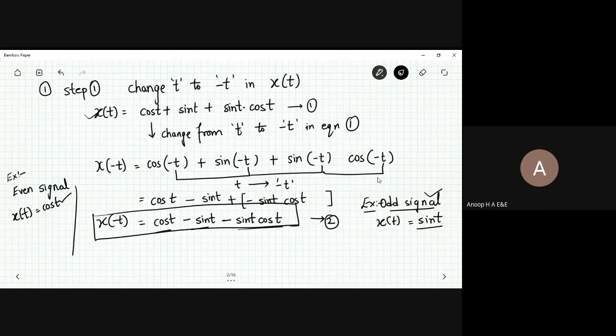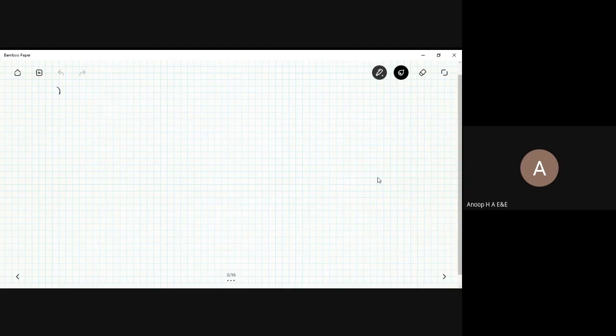Next, x of t is already given, and x of minus t is already found out. What you can do is compute the even component, x even of t. How are you going to find x even of t?